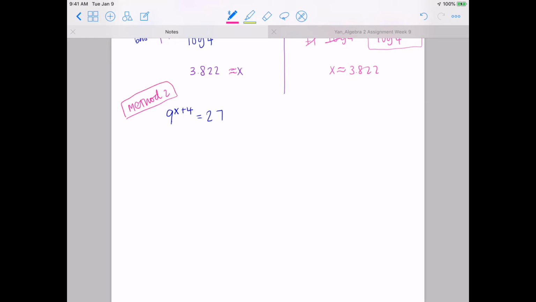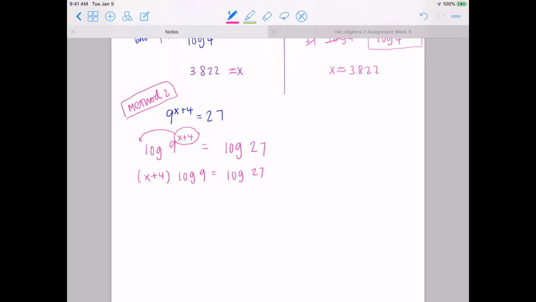So method 2, I'm going to log both sides. And then I can take my x plus 4, bring it to the front. So it will be (x plus 4) times log 9 equals log 27.